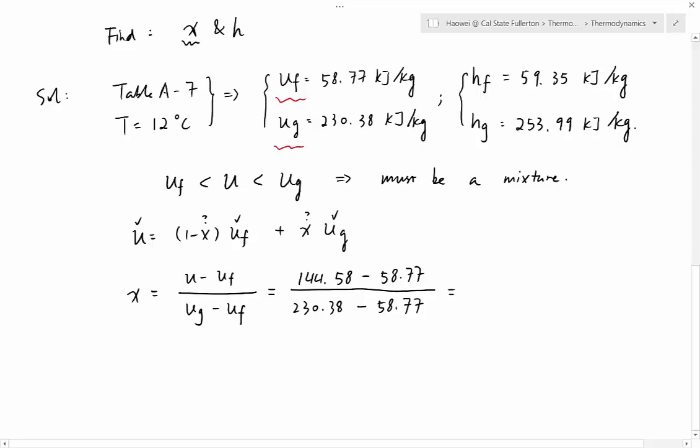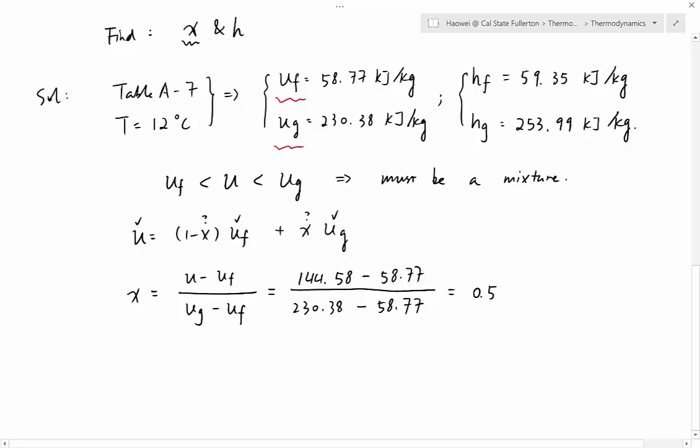The solution is 0.5 and our solution doesn't have a unit because all the units have cancelled. Okay, so that means 50% of our mixture is actually saturated vapor, and the other 50% is saturated liquid. So this is how you look for quality x.